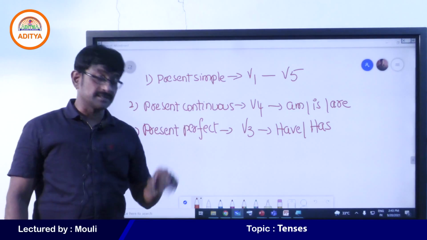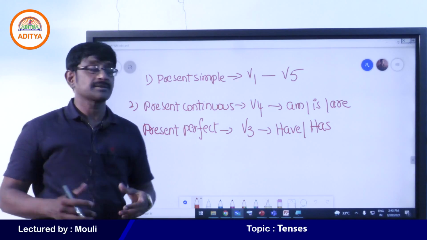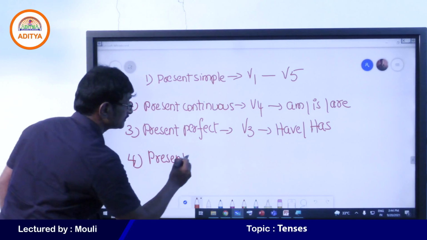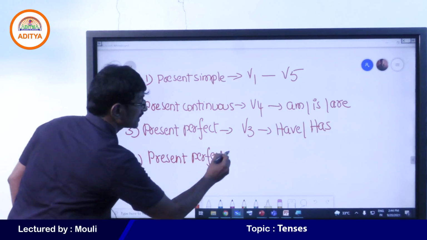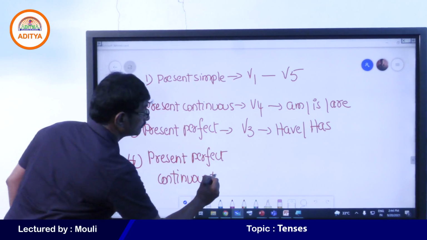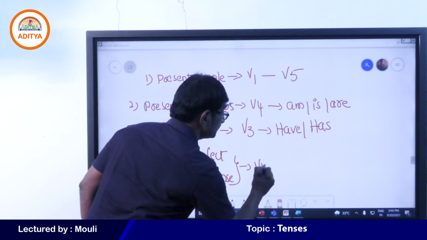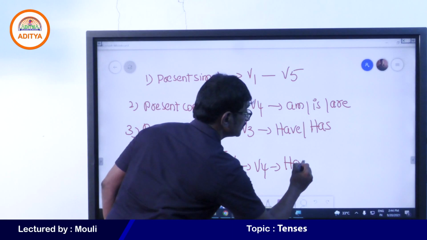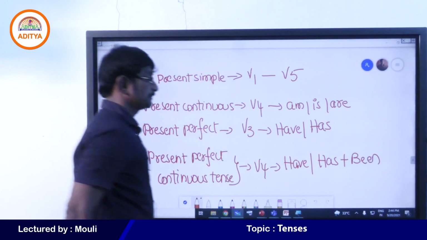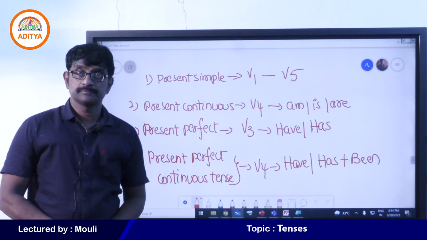So V1, V5 present simple, V4 present continuous, V3 present perfect. Now the fourth one, present perfect continuous tense. It is with V4, have or has plus been. That's it. These 4 tenses we have practiced up till now.